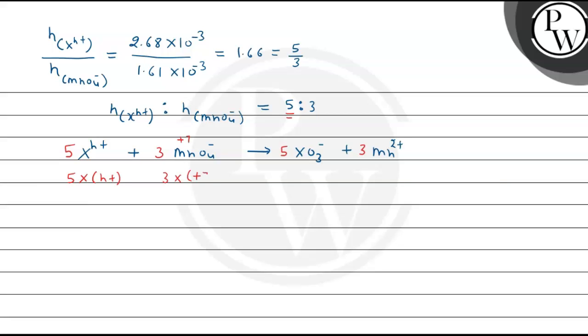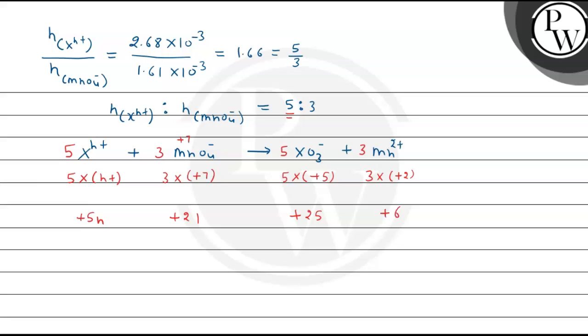So the stoichiometric coefficient is 5 and we multiply it by the charge present on X, which is +5. After that, this is 3 and we multiply it by +2 because the oxidation state of manganese is +2. We will get +5n, plus 21, becomes plus 25, plus 6.